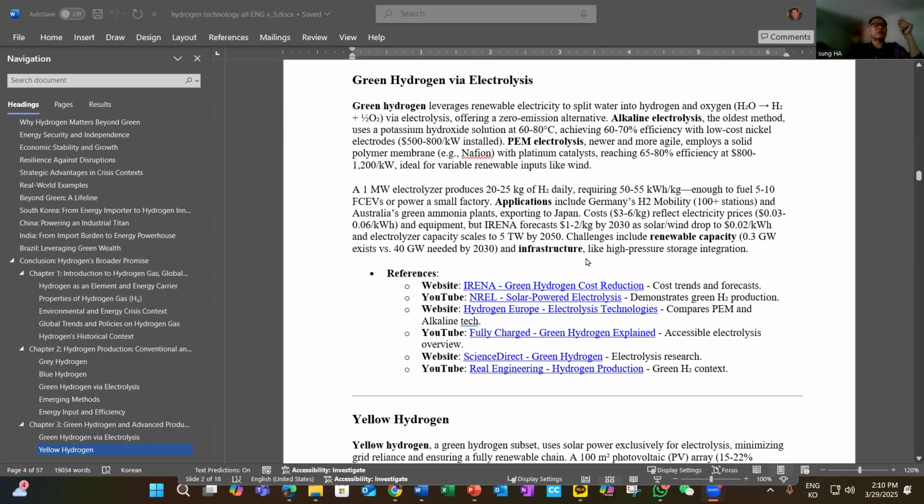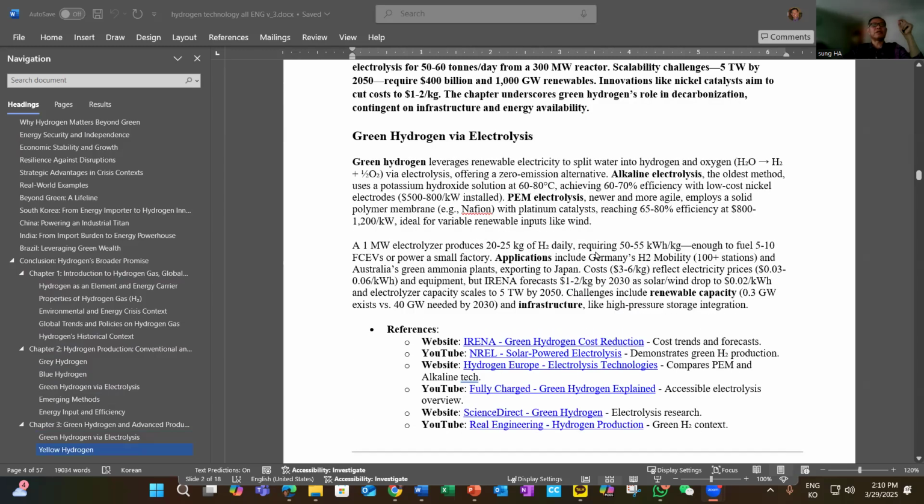That's the one we would like to focus on. Again, we can go through all the figures for us to better understand the characteristics of electrolysis for green hydrogen.